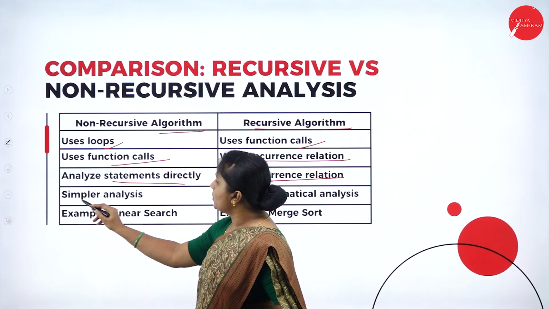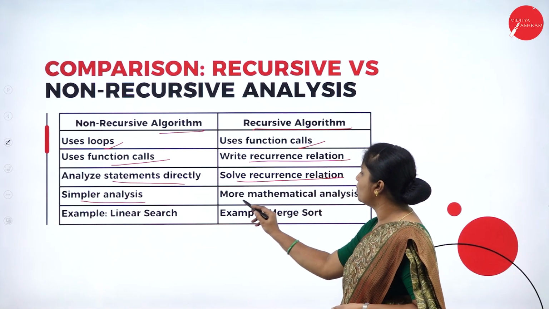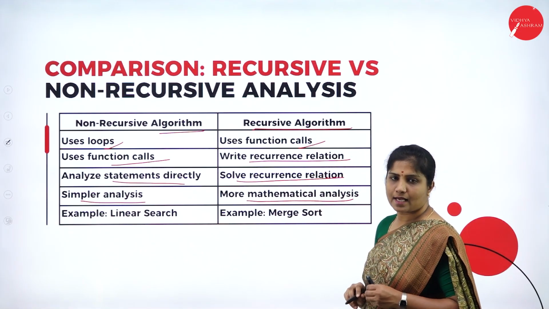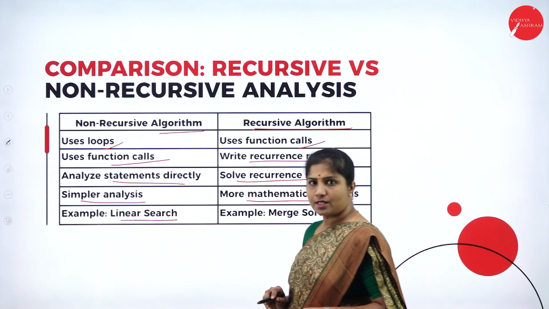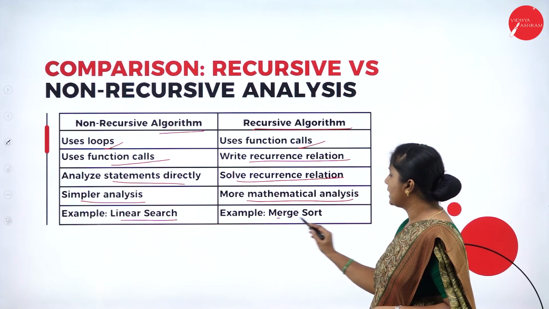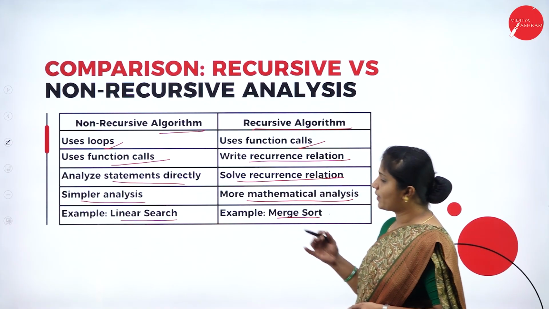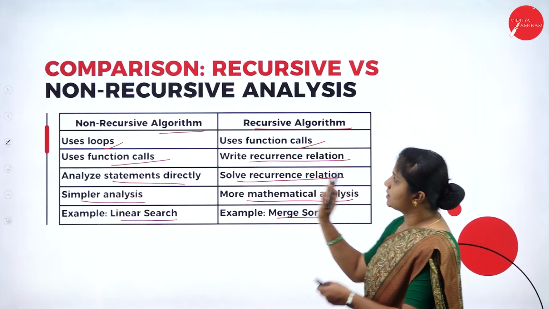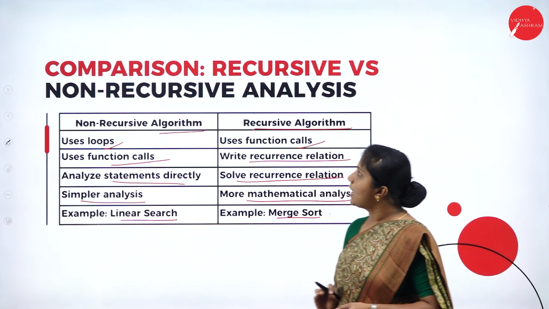Non-recursive analysis is simpler, whereas recursive analysis is more mathematical. A non-recursive example is linear search, whereas recursive examples are merge sort or finding the factorial of a number. So this is the comparison between recursive and non-recursive analysis.